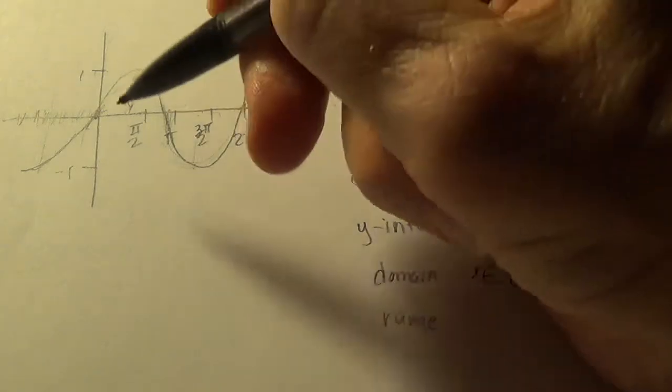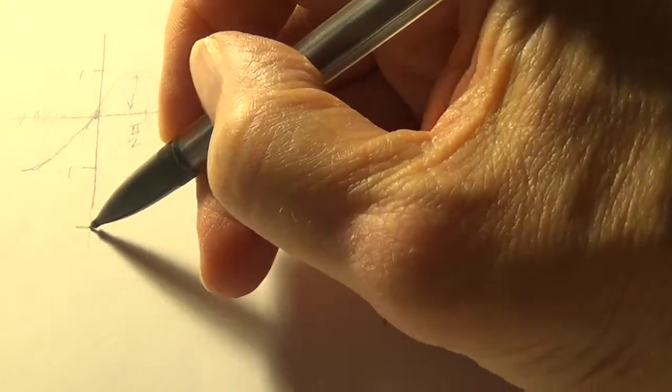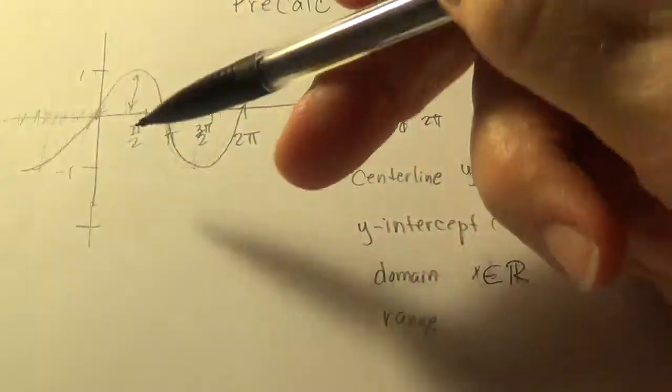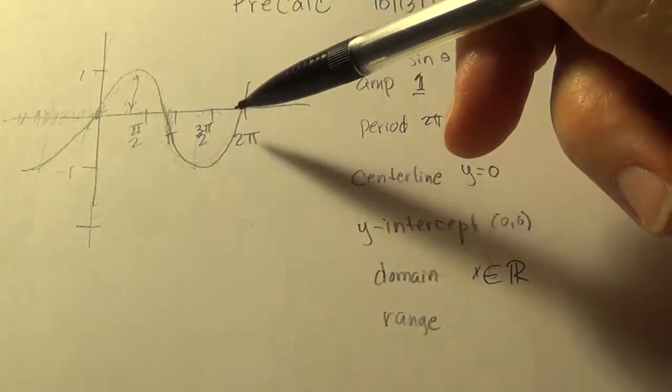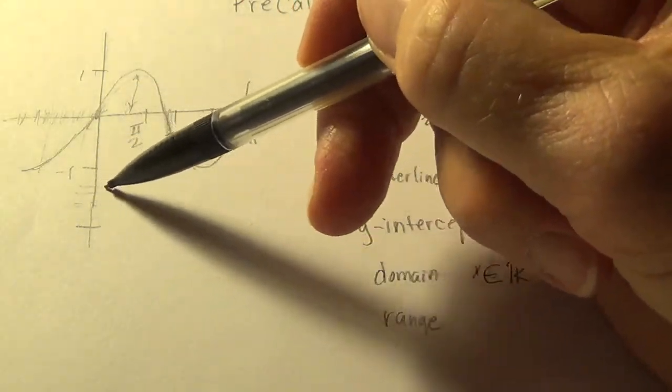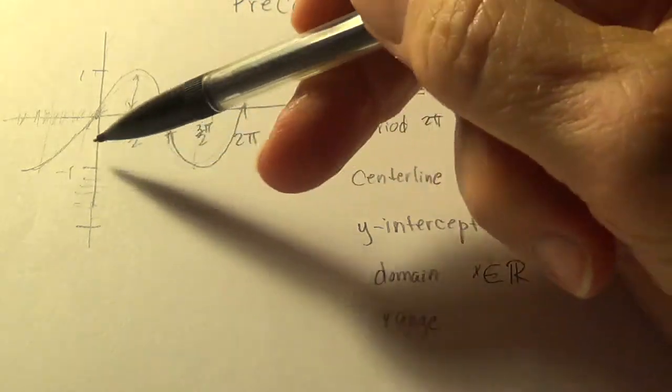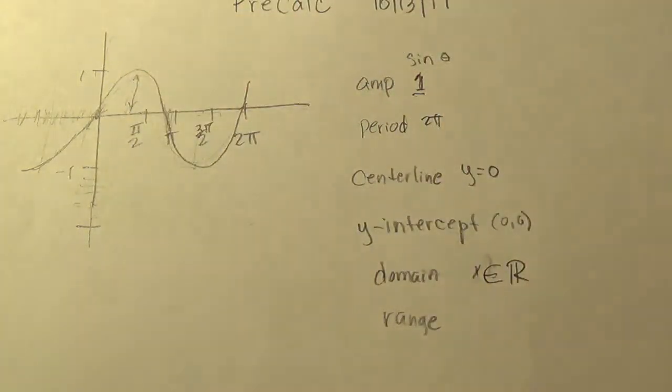The range, however: if I look at this y way down here at -2, I can go to the left and right, and I never touch this graph. So what values for y will touch the graph if I go left and right?